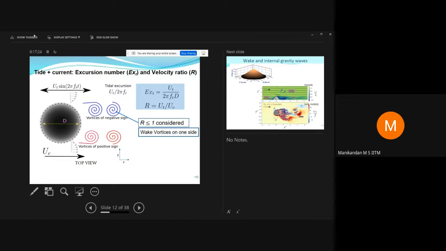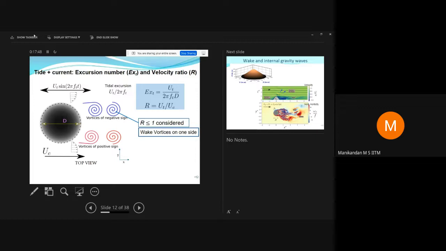That makes a crucial simplification, because now I'm not going to have vortices on the other side. So by taking R equal to 1, there's one back of the flow rather than two backs.